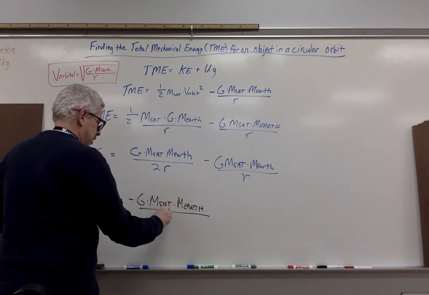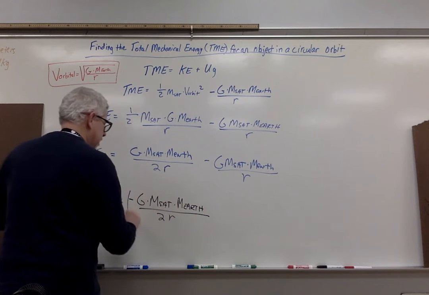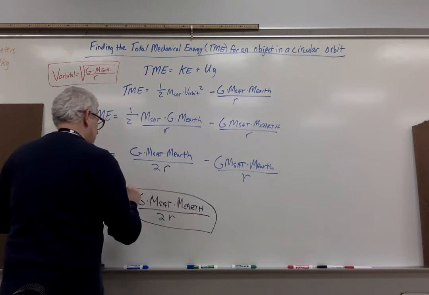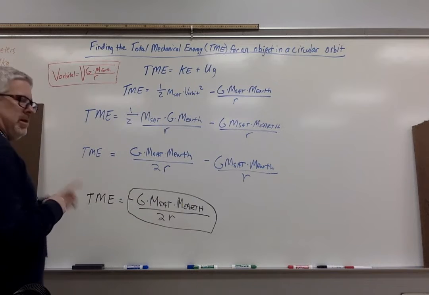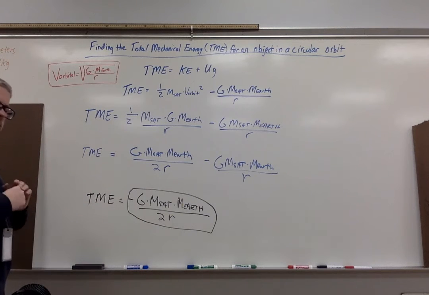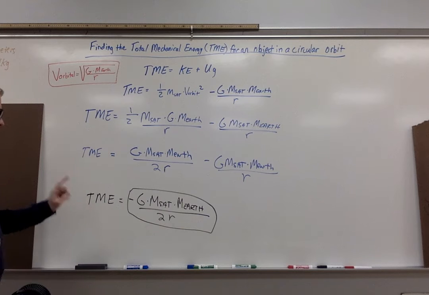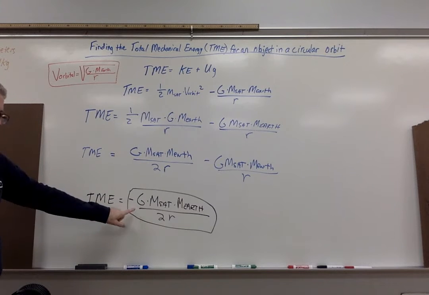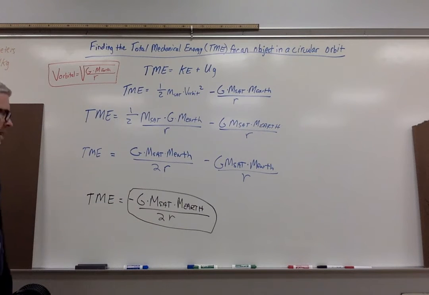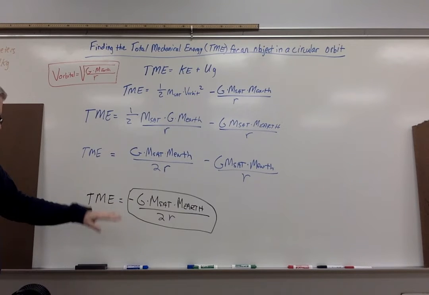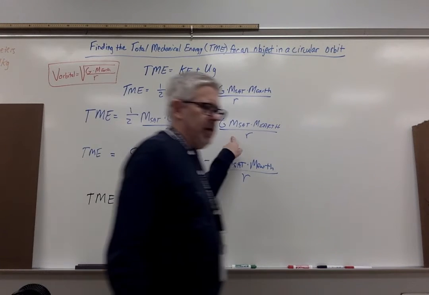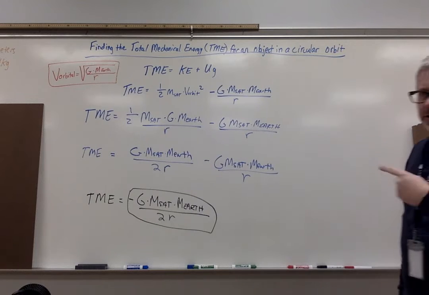At any rate, it's a negative total energy. That's always going to be true for an object in a stable path. An object that's orbiting in a stable path will always have a negative total mechanical energy. You're only going to end up with this special case of negative 1/2 of the gravitational potential energy if we have something in a circular orbit.